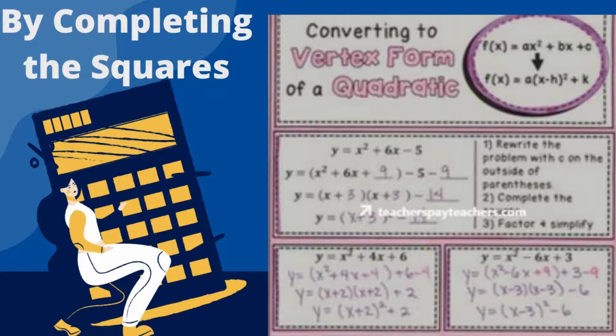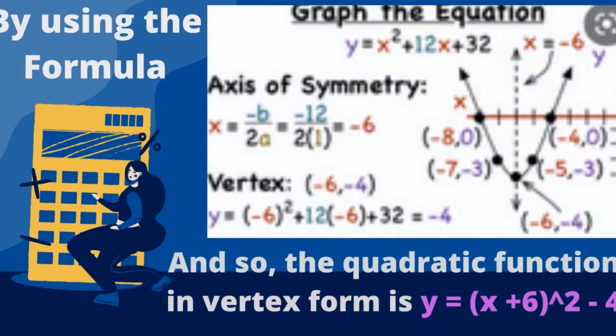Therefore, the vertex form of the quadratic will be y equals (x minus 3) squared minus 6. I hope you get it.